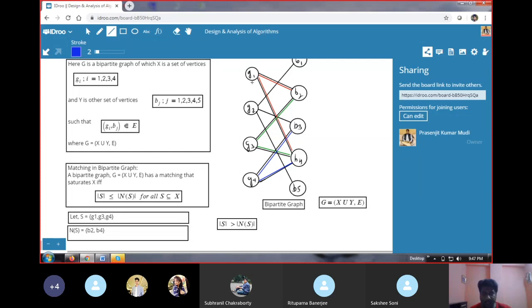So if I select G1 with pink color, let's say we are selecting G1, B2, and we have selected G3, so G3, B4, and we have taken G4.